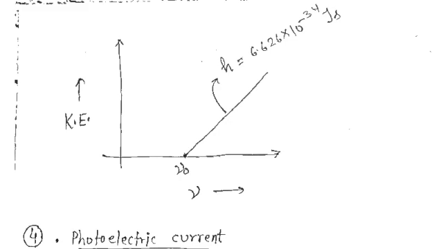There is some ν naught, which is the minimum frequency needed to eject the electron, and frequencies higher than ν naught cause some amount of kinetic energy.